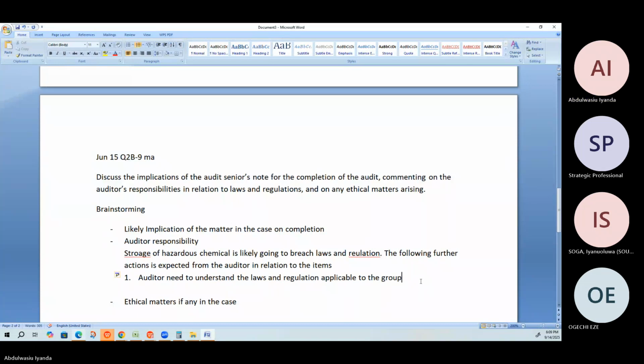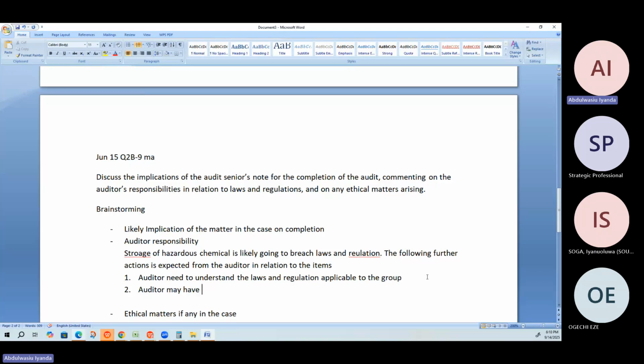The next one, what else can we say? Understand the law. What else? We also make mention that the auditor can seek legal advice. What do you think?